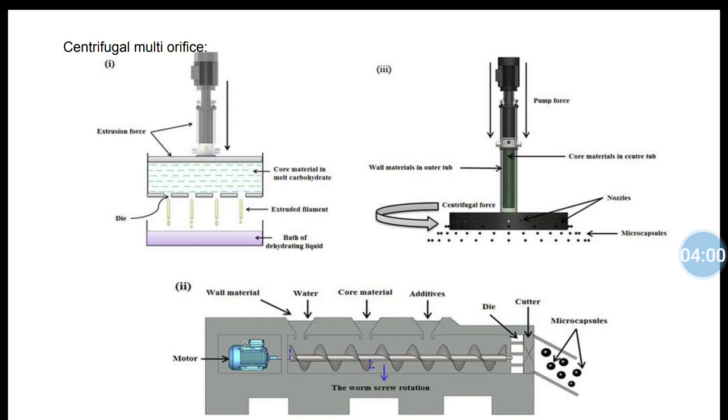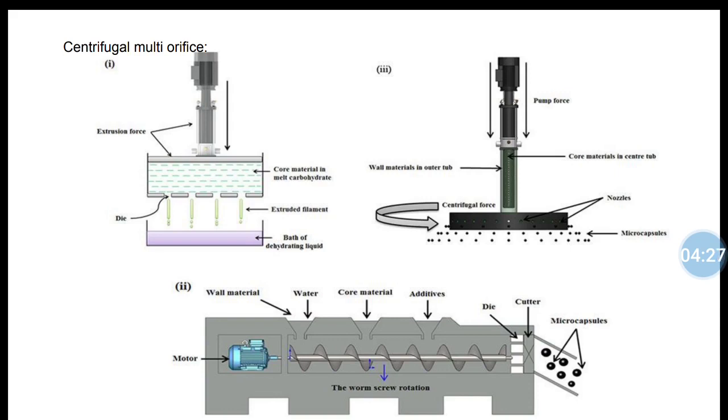Next is centrifugal multi-orifice equipment. Here there will be a tube placed at the center of a turning table. From this tube the core material is introduced onto the table, which is rotating at high speed.